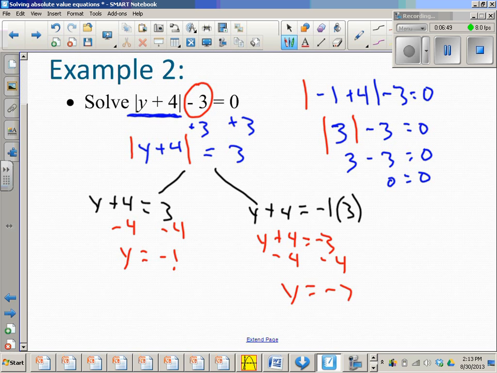Now we need to check the second solution. So you can substitute -7 for y. -7 plus 4, -3.